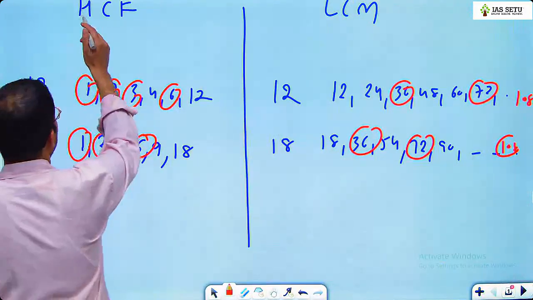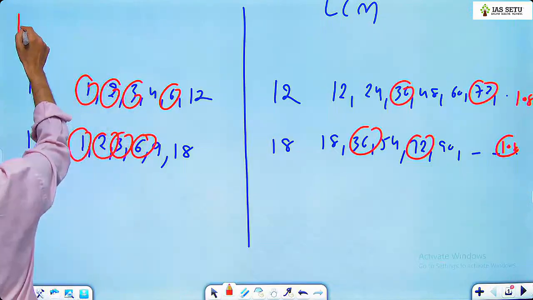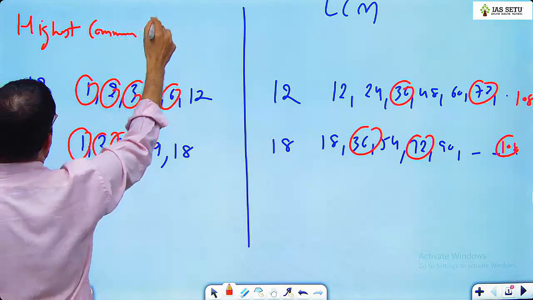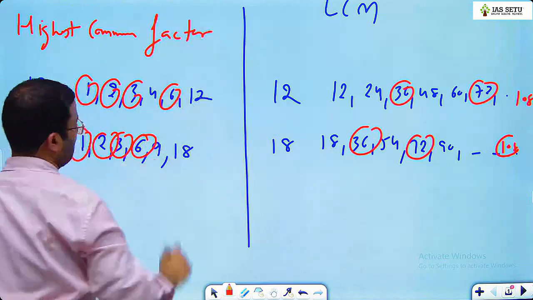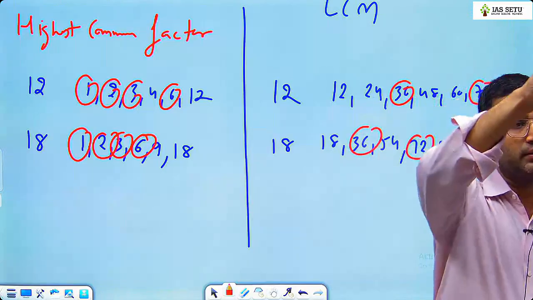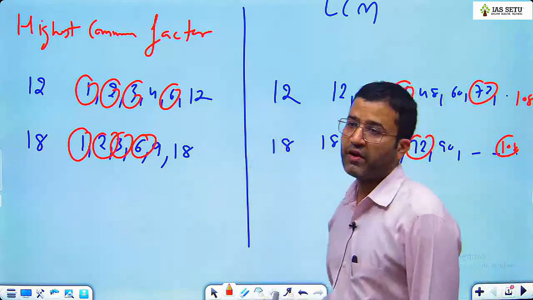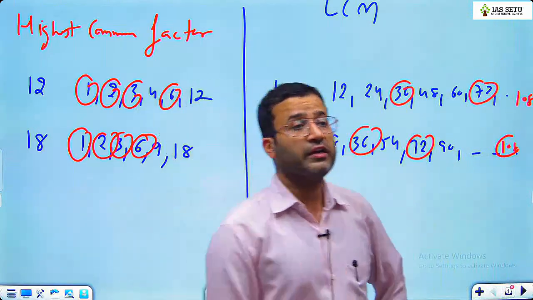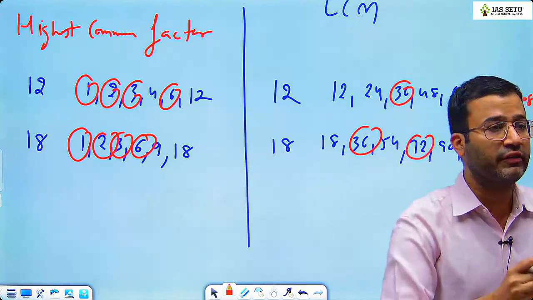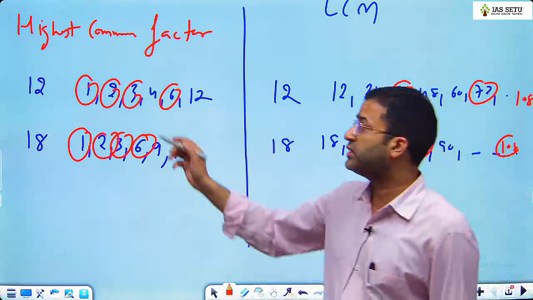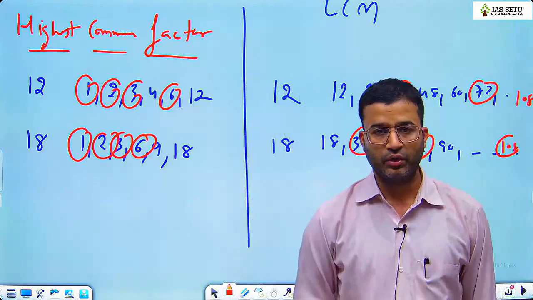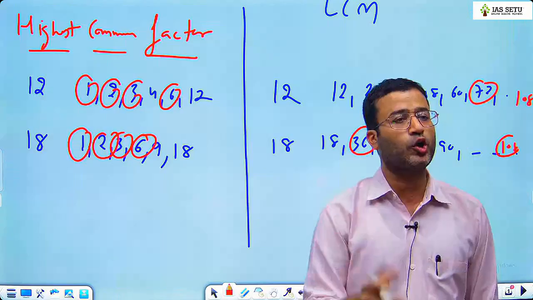See here, HCF stands for highest common factor. Now it's okay. If any one of you asks me what is the definition of HCF, I will say these three words clearly define what HCF is. There can be no easier definition.